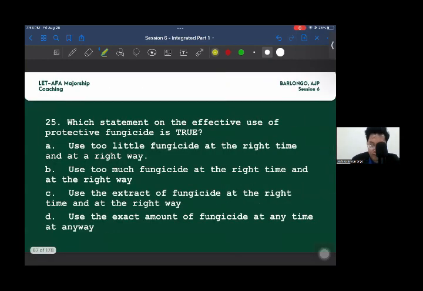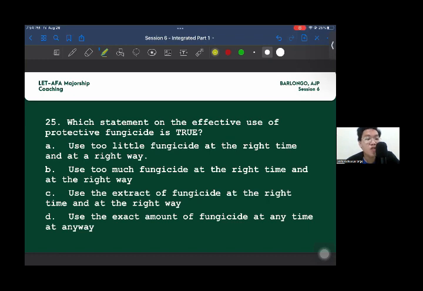Okay. So next, again, let's go to another technical question: which statement on the effective use of protective fungicide is true. In questions like this, you need to look at every part of the sentence because an alteration can be in a specific part of a sentence. In this case, tignan natin.